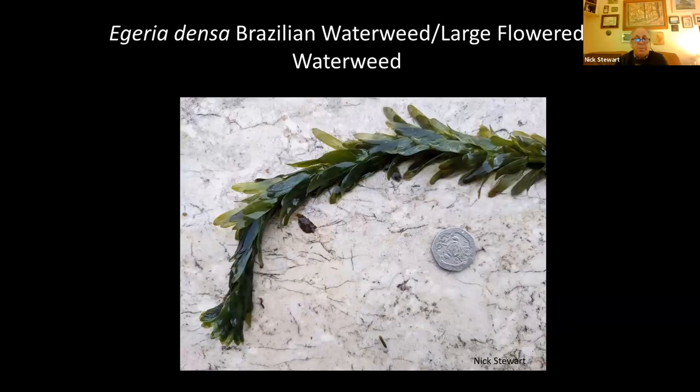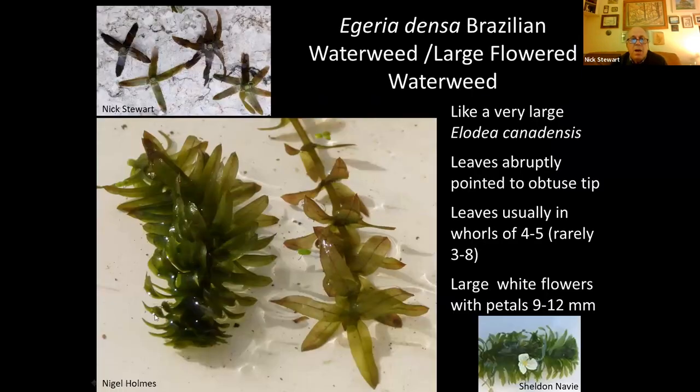Now, not a common relative in this group is Egeria densa, Brazilian waterweed or large flowered waterweed, which looks like a giant Elodea canadensis. You'll see that it has quite blunt leaves, and it looks like Elodea canadensis on steroids.